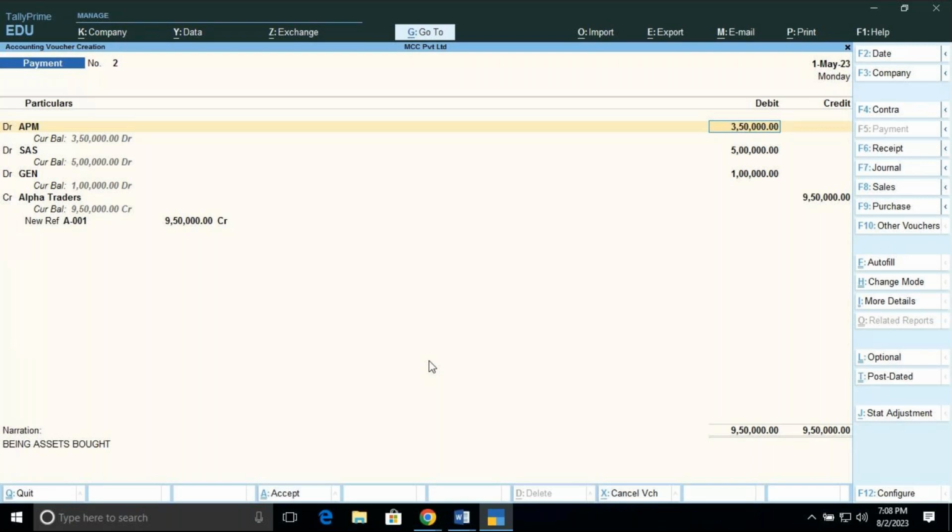So the concept is in accounting, if there is no mention of cash or bank and a party's name is given, it is a credit transaction. As your friend Chinmay identified correctly and fast. That is very important. So it is a credit transaction. No money is going out at this point in time.